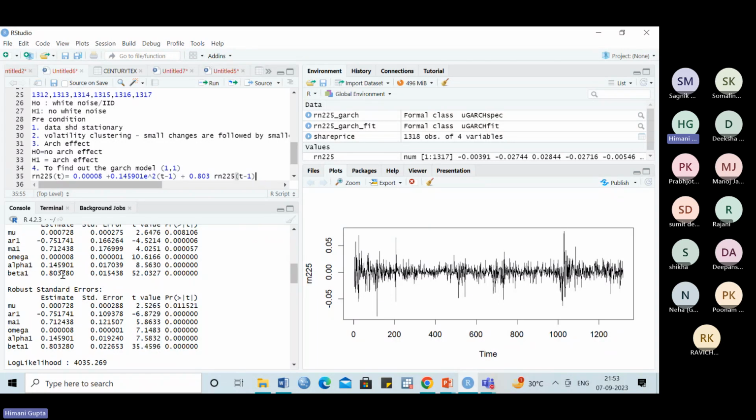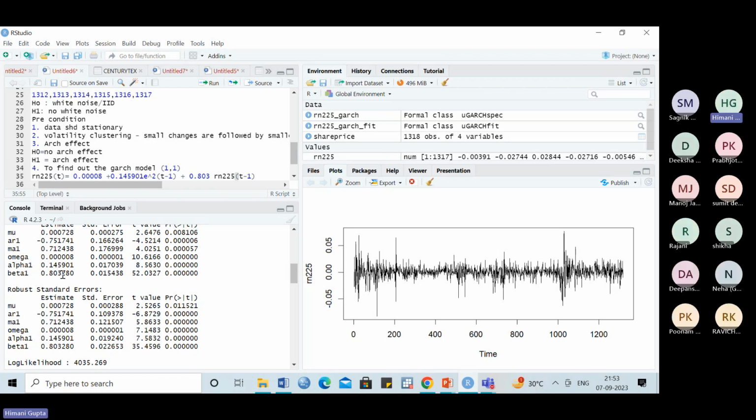That means whatever conditional volatility there is will decay slowly, it will be reduced slowly. And if it is less, suppose it is 0.203, it means the conditional volatility will decay quickly.